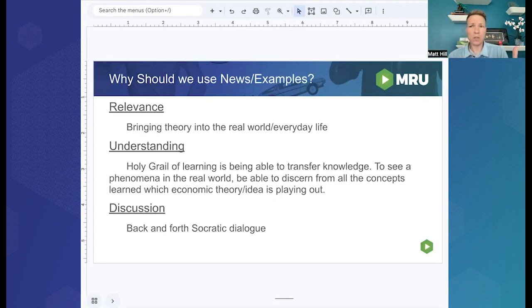Whenever I'm using news in my classrooms, I find it's great for discussion as well. Say Silicon Valley Bank collapses. Let's open the class with Silicon Valley Bank. The students have heard about it, the students have questions, the students want to know, and so automatically there's this back and forth. Hey, professor, what about this? What about the de-dollarization that just happened?